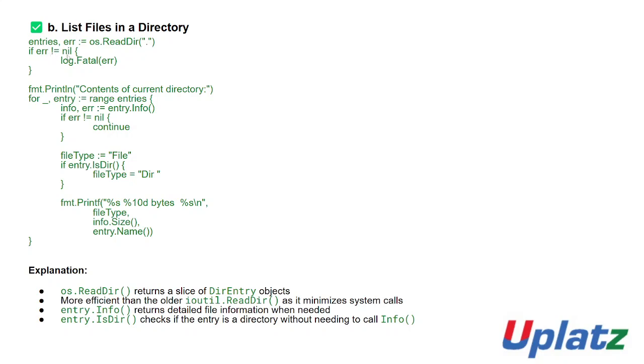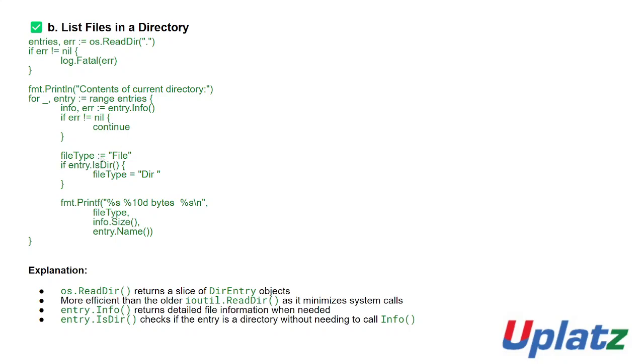If err != nil, then log.Fatal(err). Then fmt.Println("Contents of current directory:"). for _, entry := range entries { info, err := entry.Info(). If err != nil, then continue.